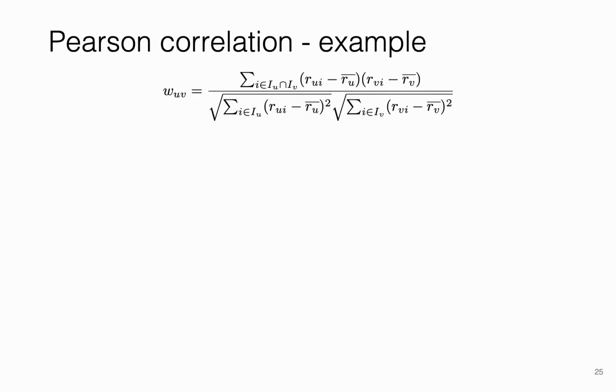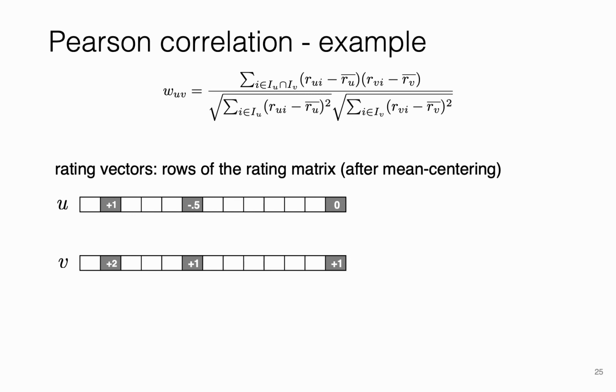Let's see an example of computing PCC. Consider the ratings of a user represented as a vector. It helps to think of this vector as a row of the ratings matrix. We show here two vectors containing the mean-centered normalized ratings, that is, the rating deviations. Each user, U and V, has rated only 3 items.